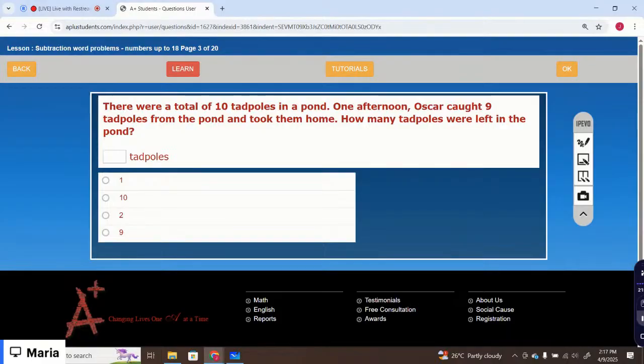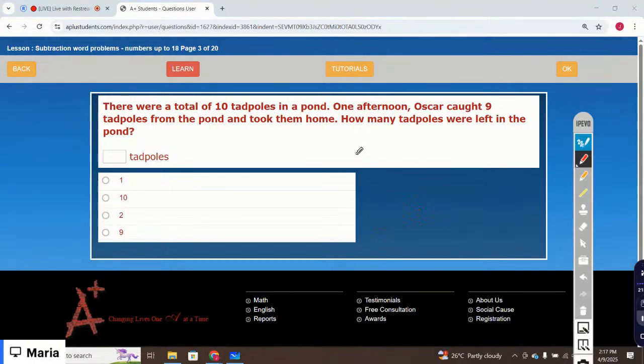There were a total of 10 tadpoles in a pond. One afternoon, Oscar caught 9 tadpoles from the pond and took them home. How many tadpoles were left in the pond? So there were 10 tadpoles. He took 9 home.